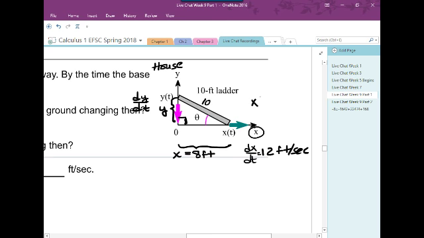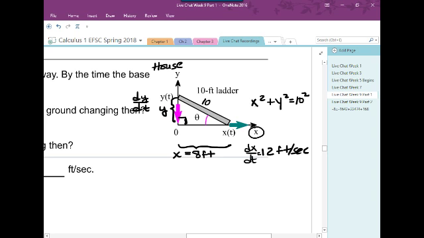So our sides will still satisfy x squared plus y squared equals 10 squared according to the Pythagorean theorem. That's a relationship that will hold steady. Now, of course, that relationship relates x and y, but it doesn't relate all 4 of the variables that we want. We also are interested in the rates of change, dx dt and dy dt.